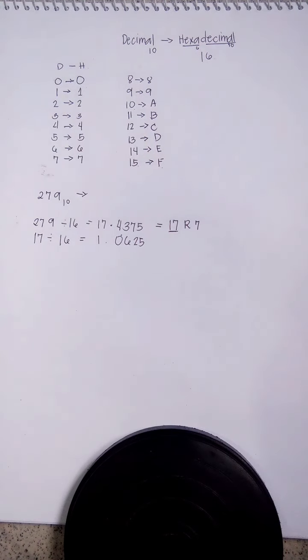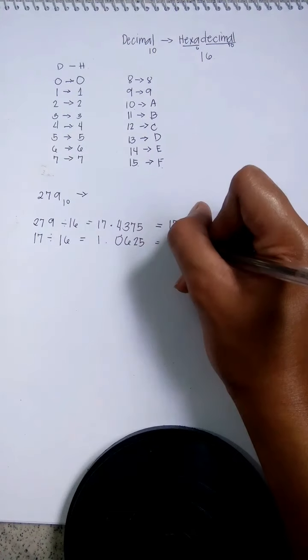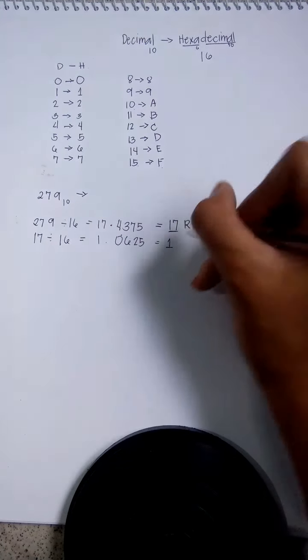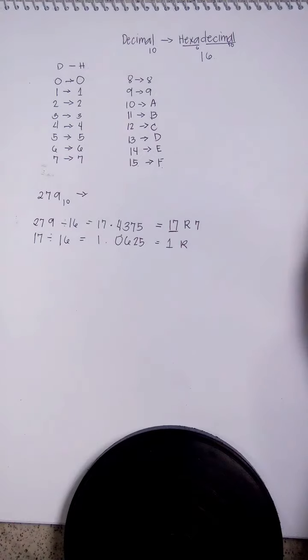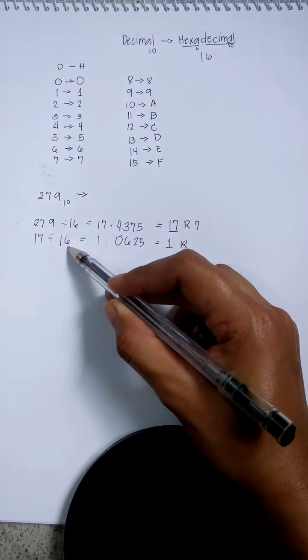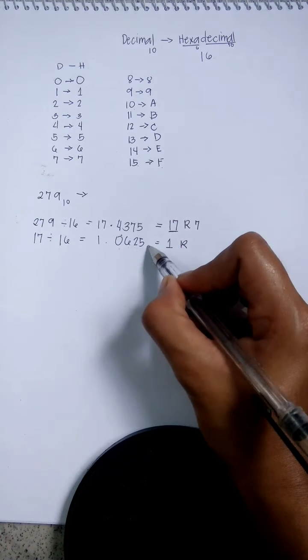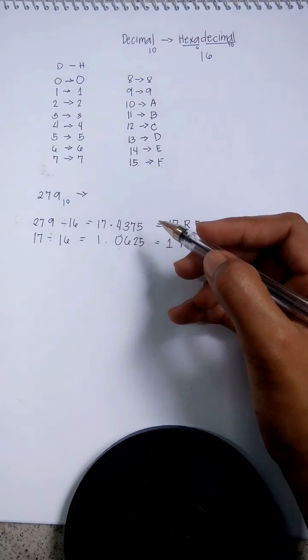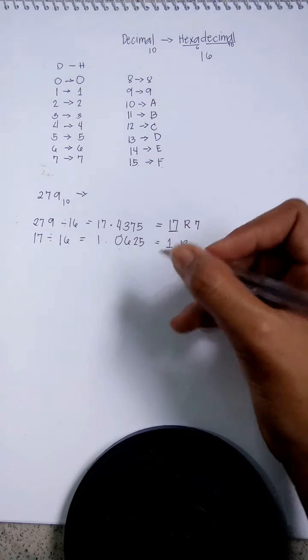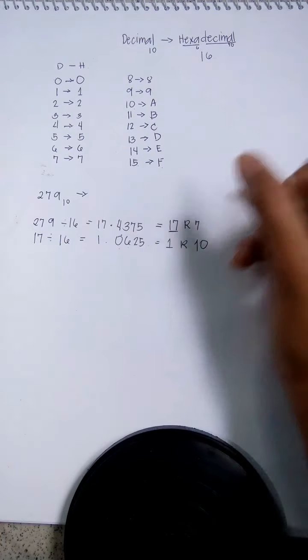So that's 1 as an integer. And to find the remainder, multiply 16 by 0.0625. And that will give you a remainder of 10.